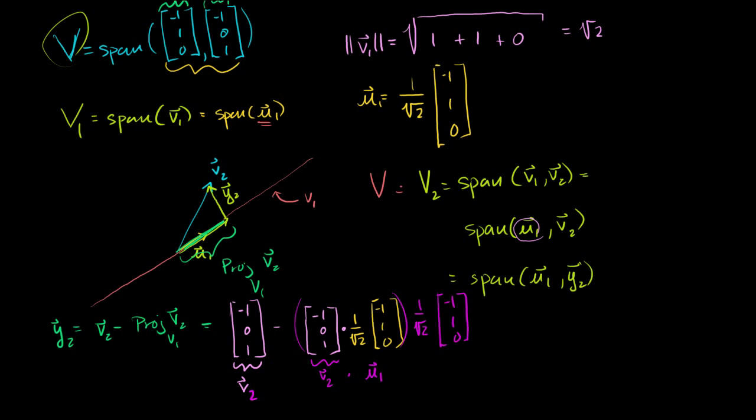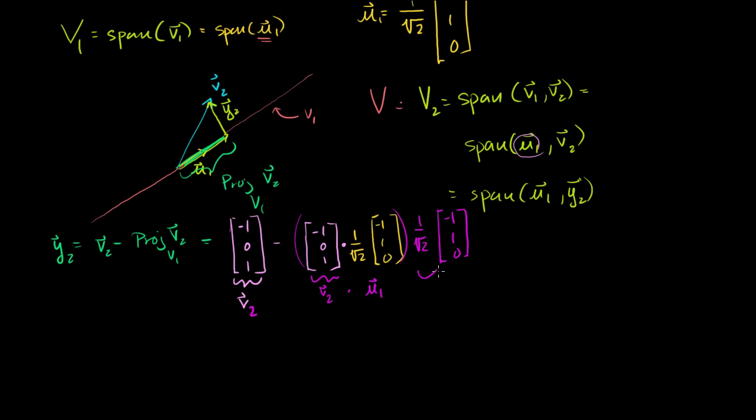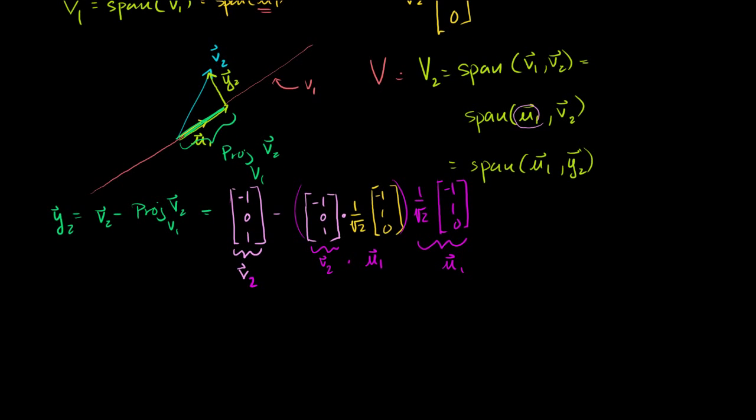Now this looks really fancy. This right here is our orthonormal basis for the subspace v1. But what does this simplify to? Remember, this piece right there, that's the projection onto v1 of v2.